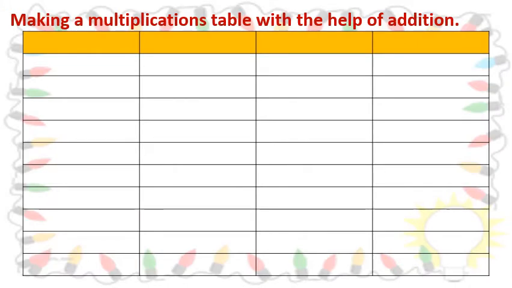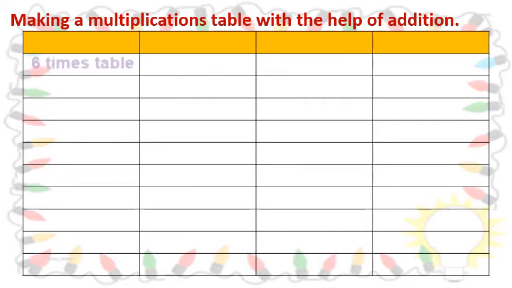Students, here we will learn making a multiplication table with the help of addition. Here we can use two known tables to make an unknown table. Okay, we will take a simple example first.